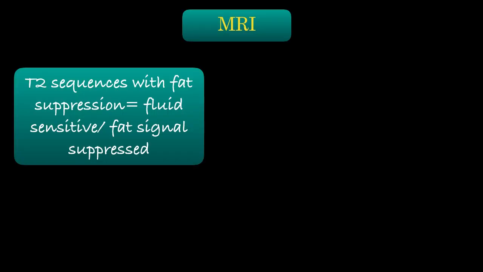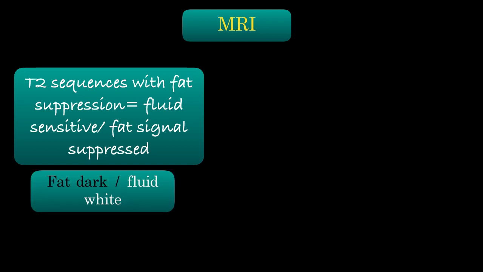We talked about the T1 sequence where the fat is white and the fluid is dark. Then the T2 sequence, both are white. The third sequence is the T2 sequence with fat suppression, meaning that the fat signal is suppressed. It doesn't appear white anymore, but the fluid is white.